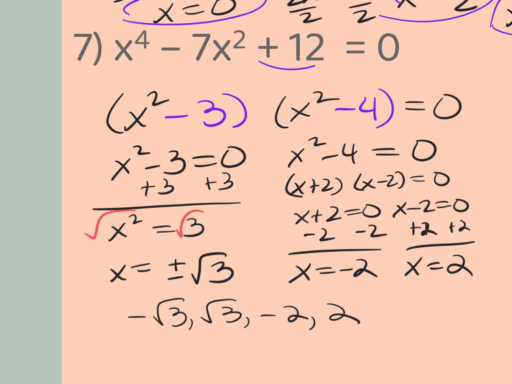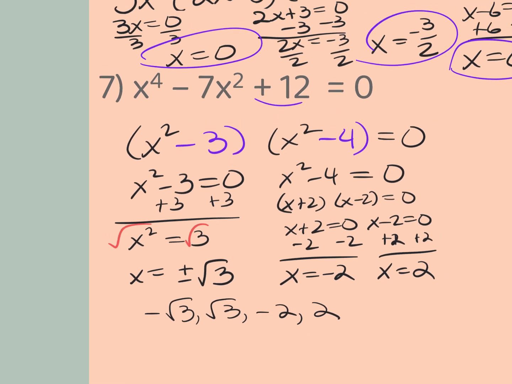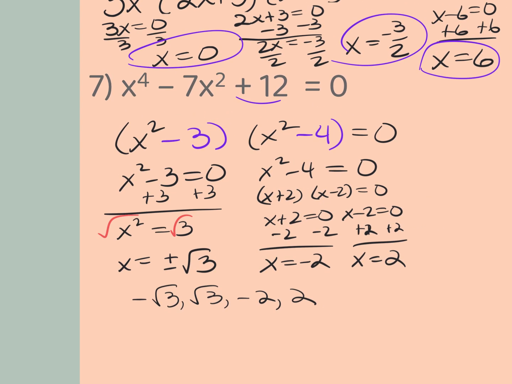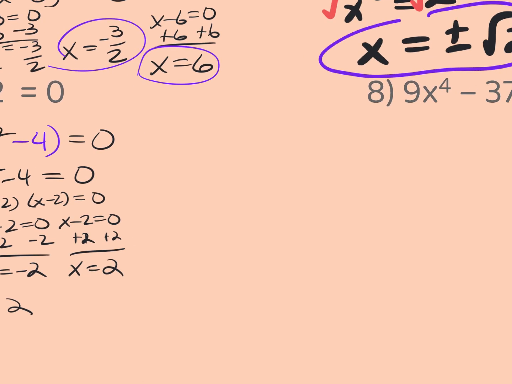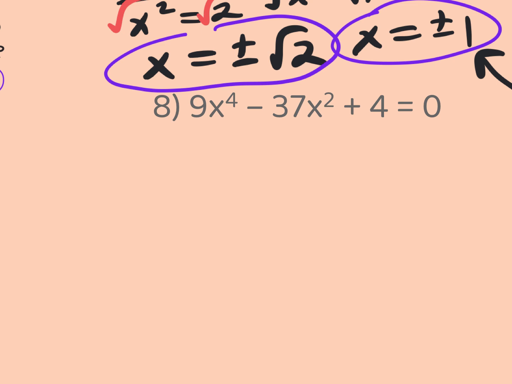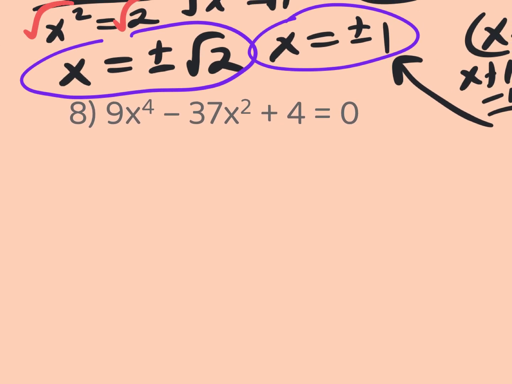One last example that we'll do today. This one is another trinomial. At first glance, you may think it is a perfect square trinomial, but it's not. So for this one, I am going to factor by grouping. So I'm going to multiply the beginning and the end.